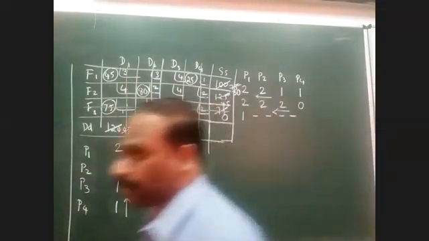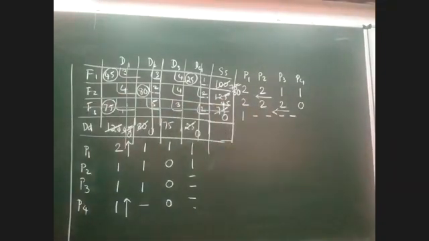Now can you please tell me, is calculation of penalty still possible or do I have to stop at this stage? Stop, sir. I have to stop here because you're only left with one single column. Only the D3 column is left and only one row. Therefore, I cannot calculate penalties anymore.